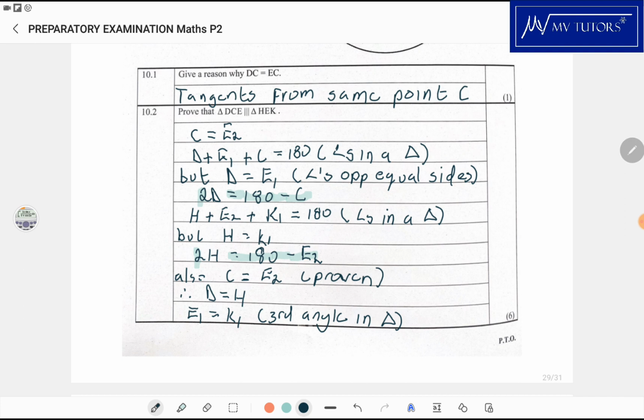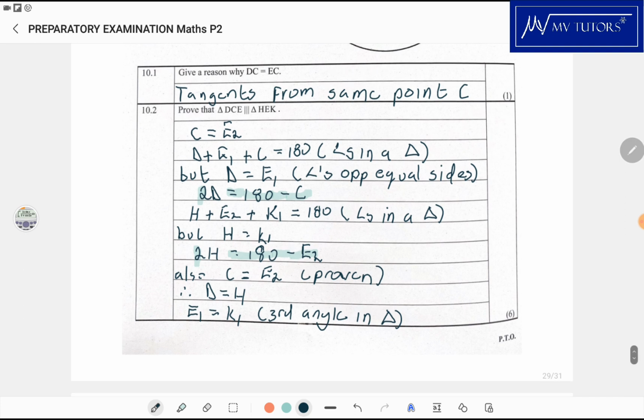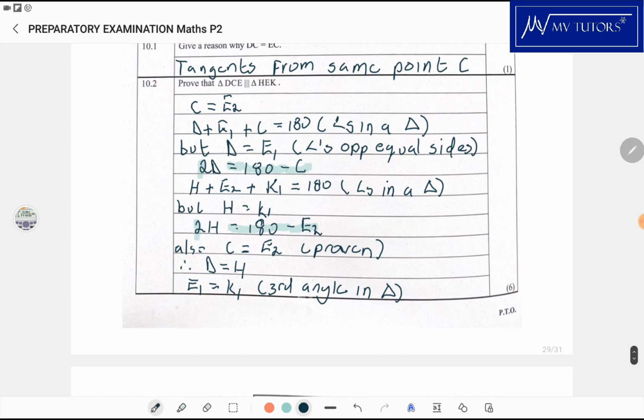And therefore, since all of these are equal, I can conclude, and I'll write it exactly as they wrote it in the question, triangle DCE is similar to triangle HEK. Just like that. Let's move on to the next question.